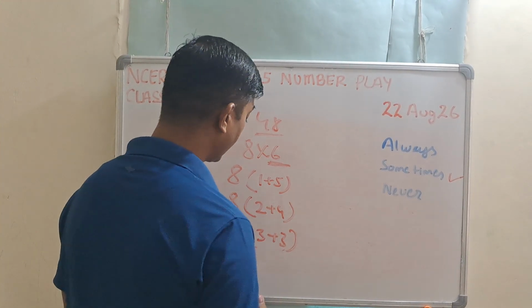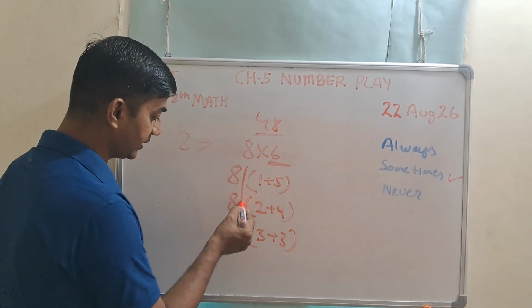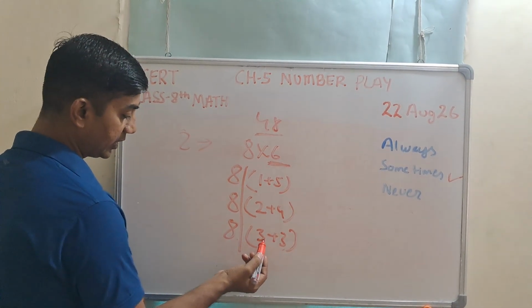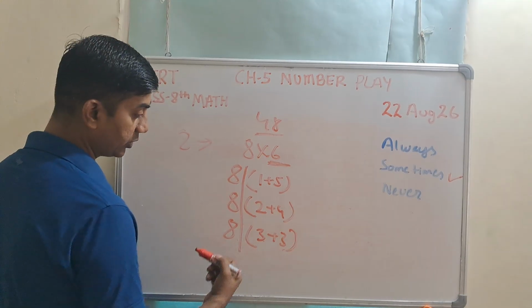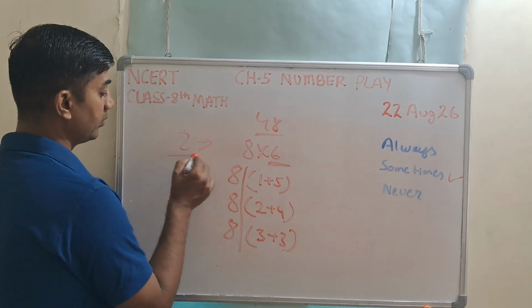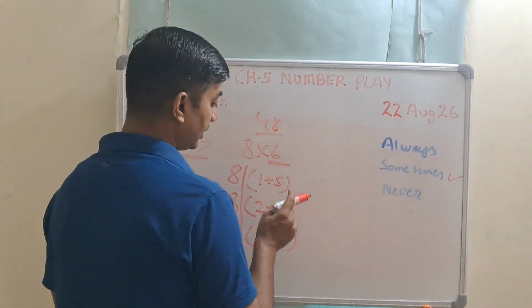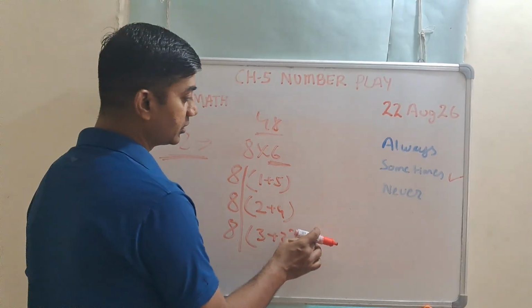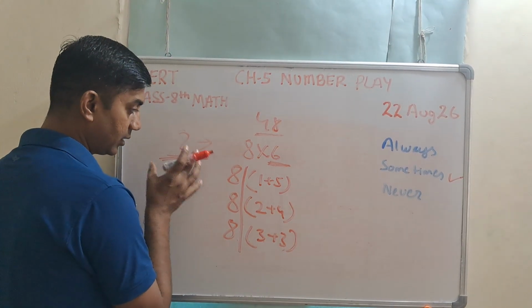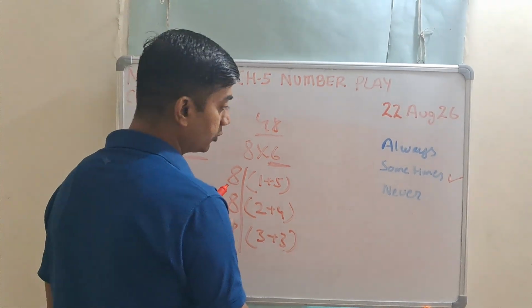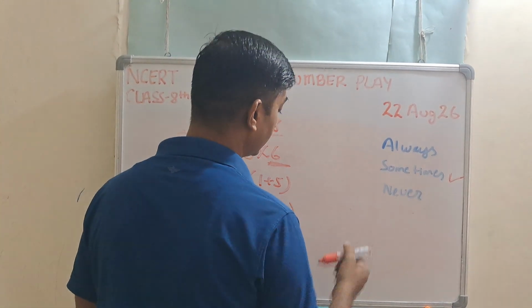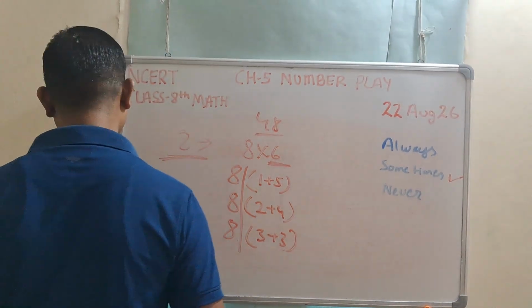These are the possibilities. In all these cases, whatever numbers come, like 24 plus 24, they are divisible by 8. So this is the only possible condition when the statement will be true, and that's why this is the case of sometimes. Understood?